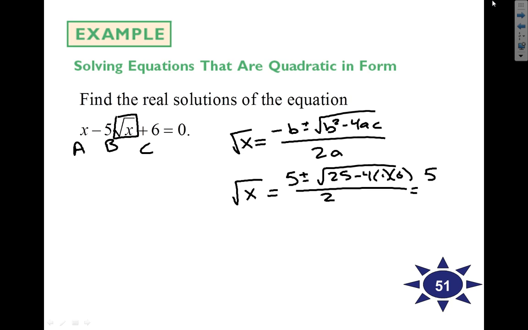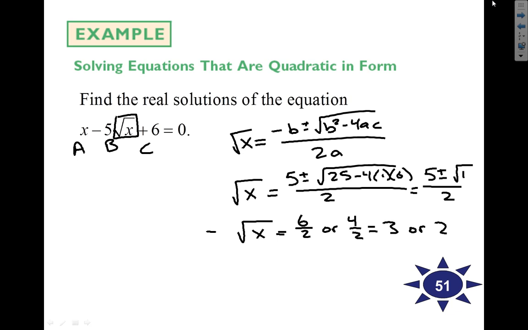So we got 5 plus or minus 25 minus 24 is just 1 all over. Oh, yeah, no, that's right. Sorry, I was thinking I was doing a different problem. Square root of x is 5 plus or minus 1, which is either 6 over 2 or 4 over 2, which is either 3 or 2.